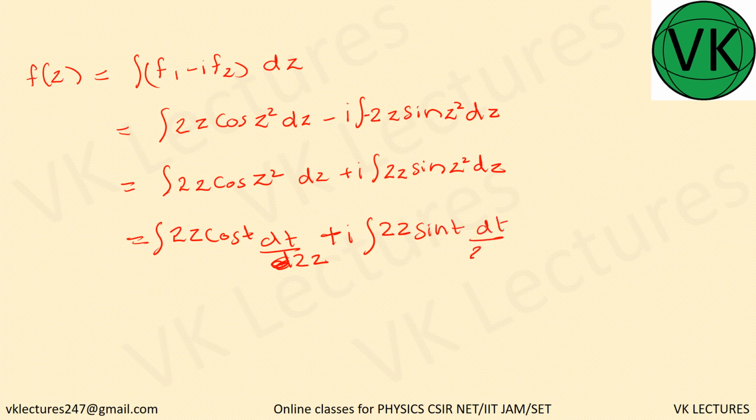I hope everyone knows the substitution. Put z square is equal to t, 2z dz is equal to dt. So dz is equal to dt by 2z.